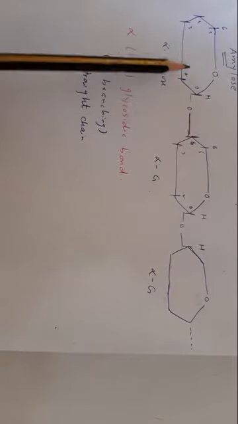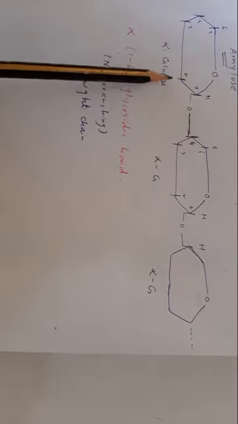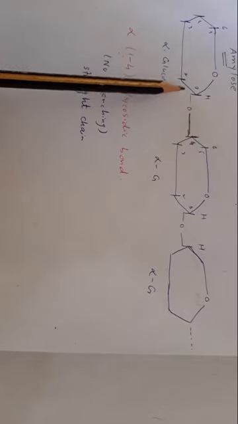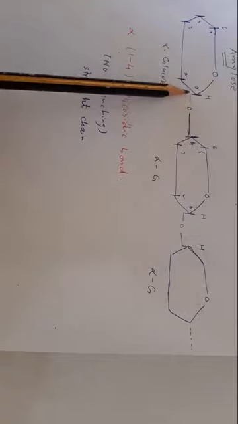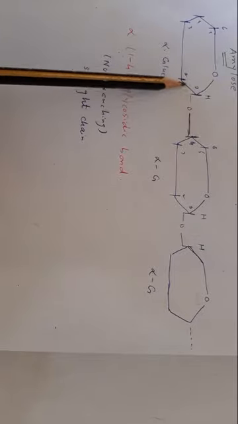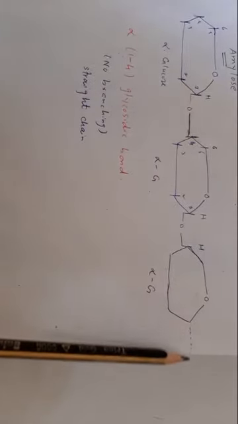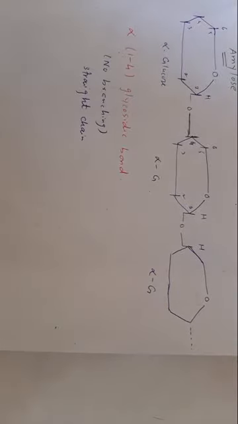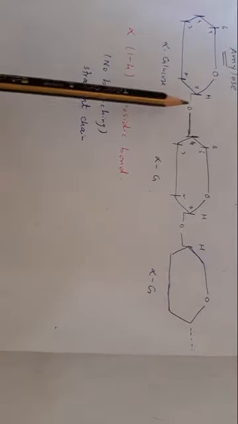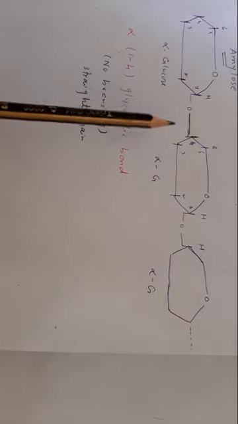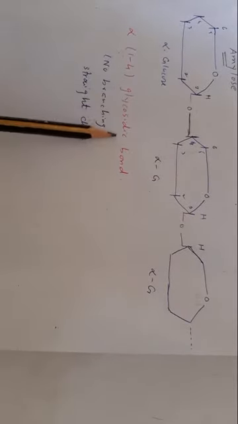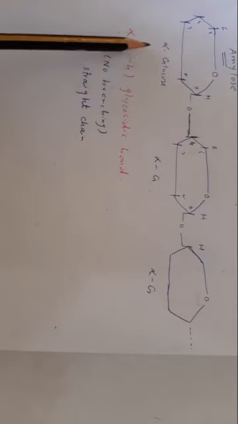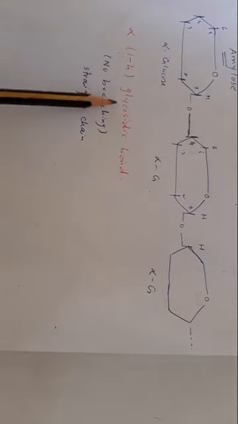These are glucose units, alpha glucose. What is alpha glucose? When the hydroxyl group attached at carbon number 1 is below the ring, it is called alpha glucose. This is alpha glucose and it continues so on. These monosaccharide units, as you already studied, are attached by glycosidic bonds. Since this glucose is alpha glucose, it is known as an alpha 1,4 glycosidic bond.